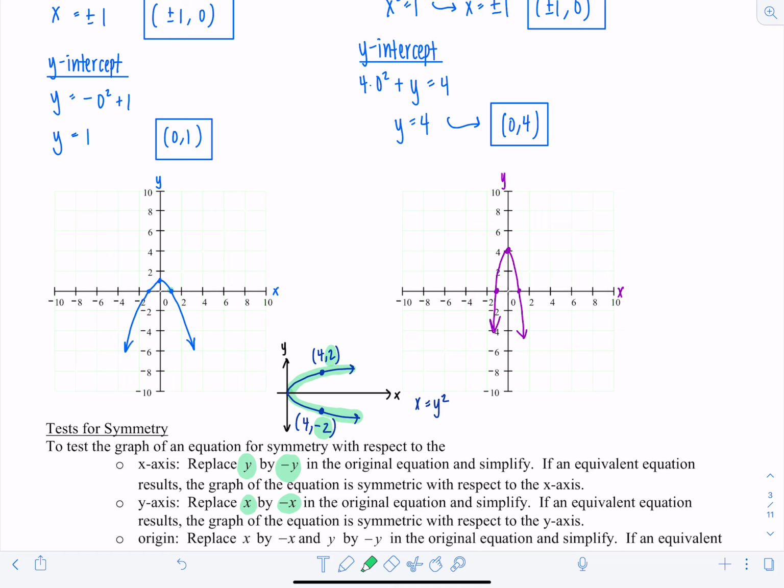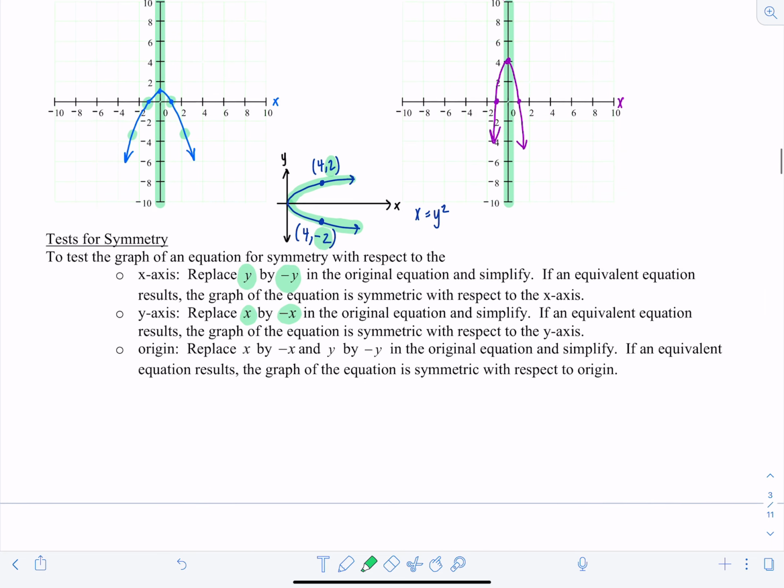Notice we had (1, 0) and (-1, 0), and I could fold along the y-axis and get a mirror image. Whatever point (x, y) is on the graph, so is (-x, y).